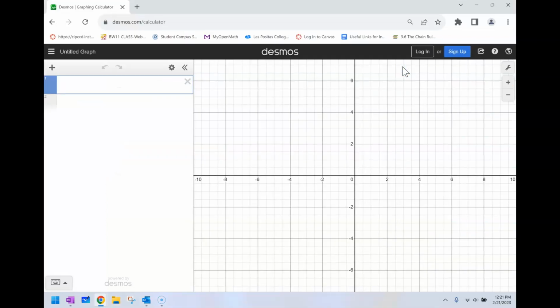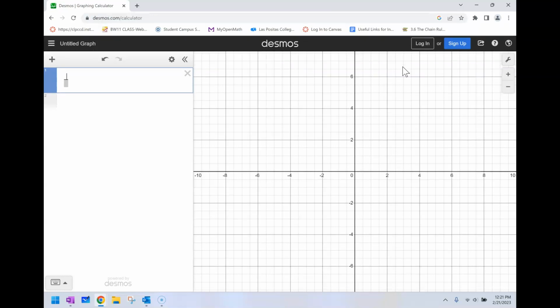So our first function is the absolute value of x squared minus 4 divided by x minus 2.